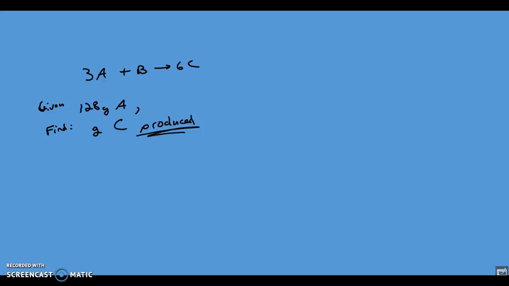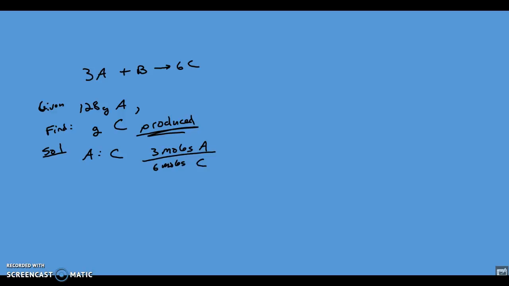Now this is my key. If I see the word produced, that means I'm comparing the two things. And in this case, I'm going to be comparing A and C. Remember, these are just variables, not carbon. My molar ratio, from the given equation, is 3 moles of A is equal to 6 moles of C.